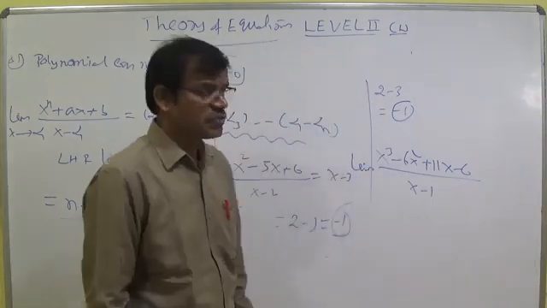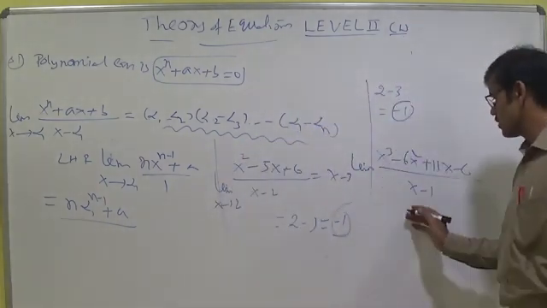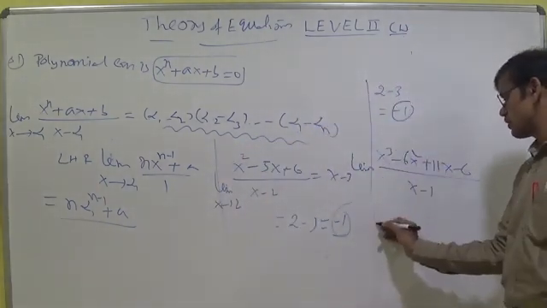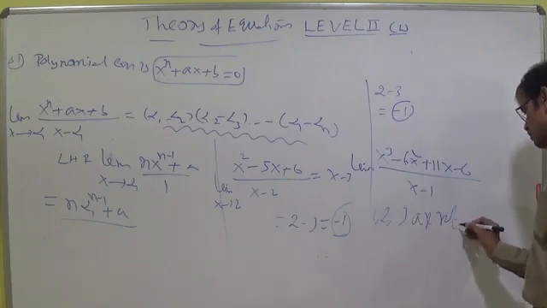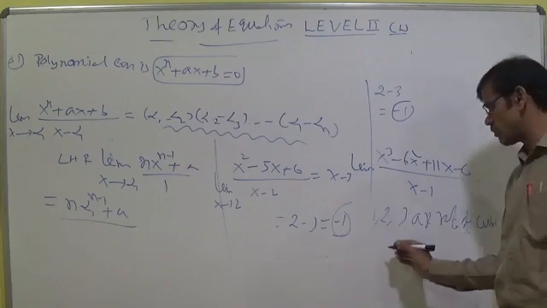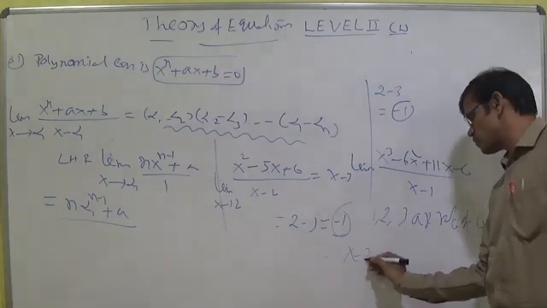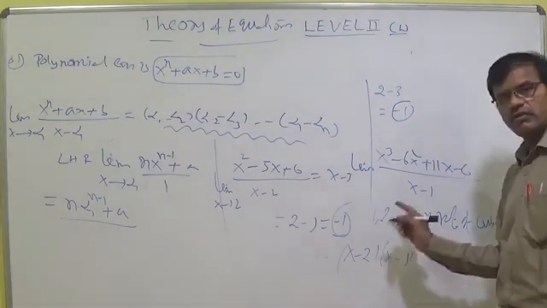Whenever you are multiplying with x minus 1, you can understand that 1, 2, 3 are roots of this cubic equation. So you are writing here (x minus 2) into (x minus 3) by dividing.